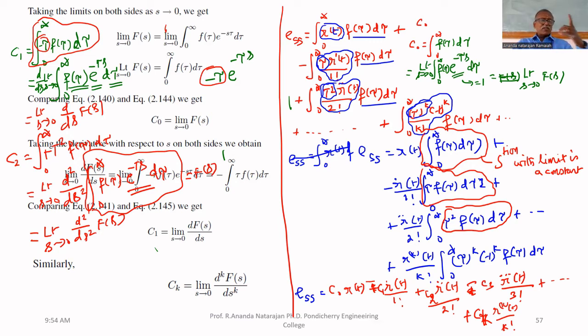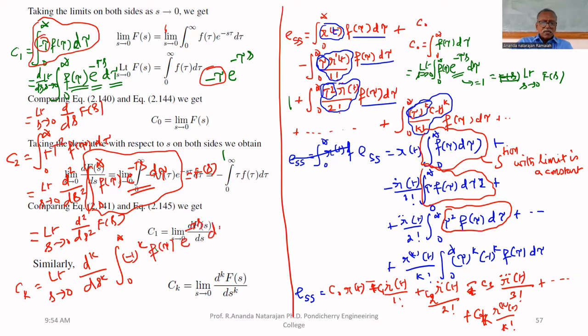So if you want C2, differentiate F of s twice. If you want C1, differentiate F of s once, then let s tends to 0. Suppose you want Ck, you take limit s tends to 0 of the kth derivative of integral 0 to infinity f of tau e power minus tau s d tau.